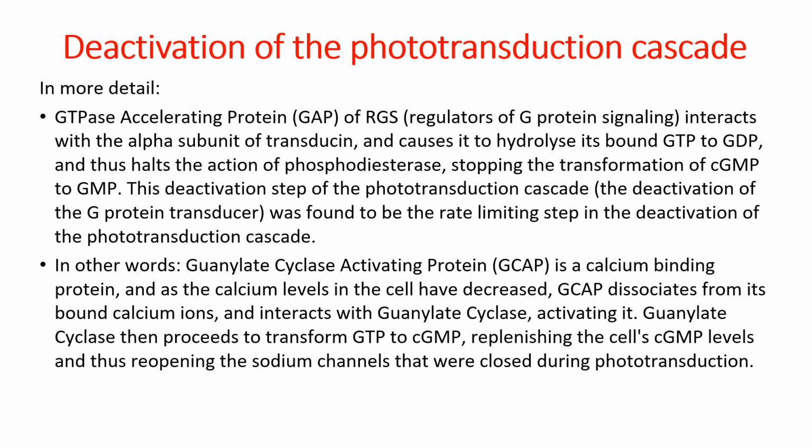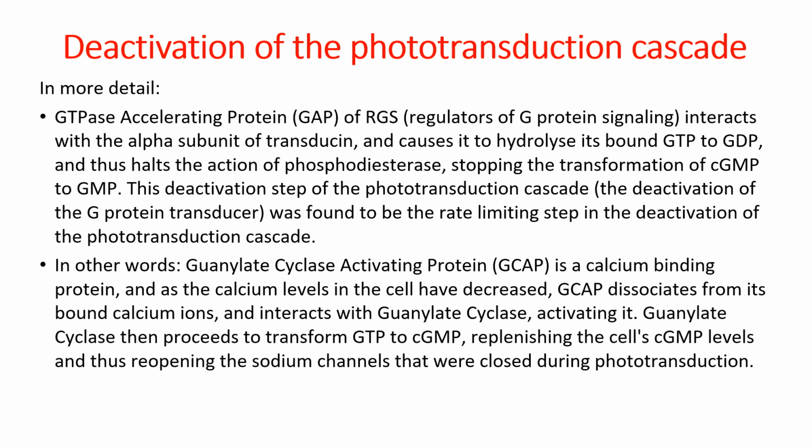In more detail, GTPase accelerating protein, GAP, or RGS, regulators of G protein signaling, interacts with the alpha subunit of transducin, and causes it to hydrolyse its bound GTP to GDP, and thus halts the action of phosphodiesterase, stopping the transformation of cGMP to GMP. This deactivation of the G protein transducin was found to be the rate-limiting step in the deactivation of the phototransduction cascade.